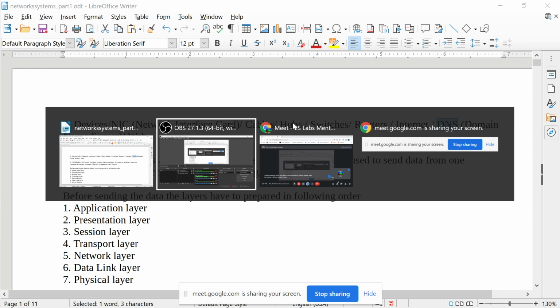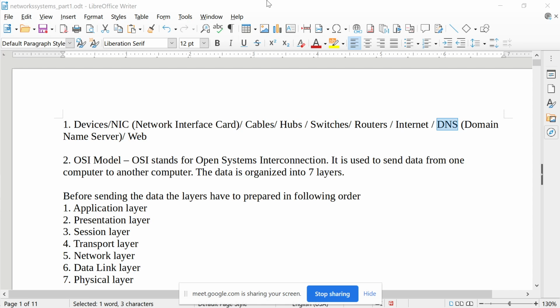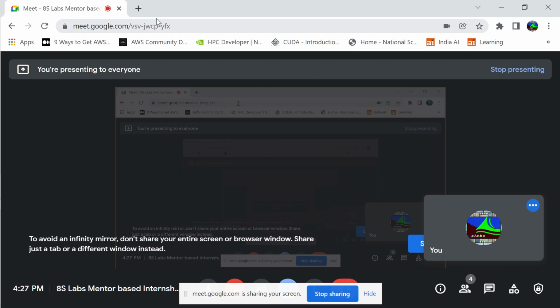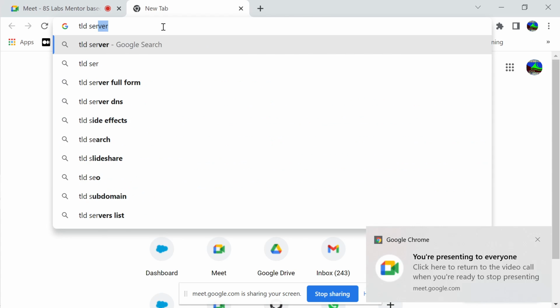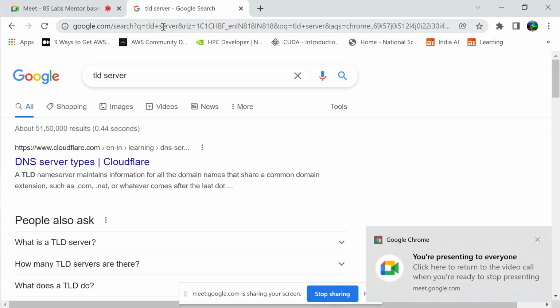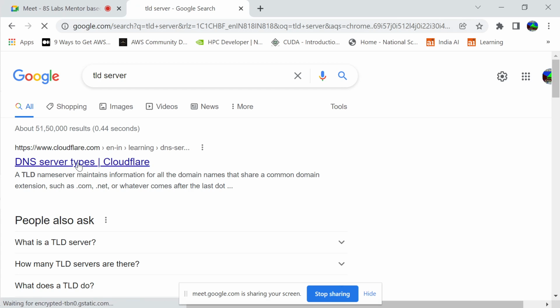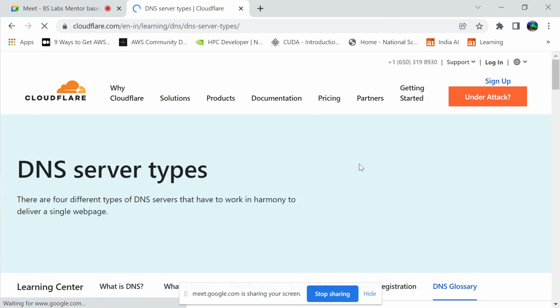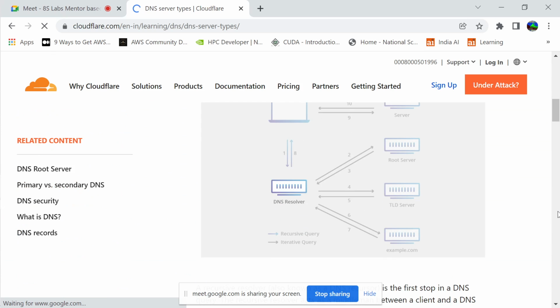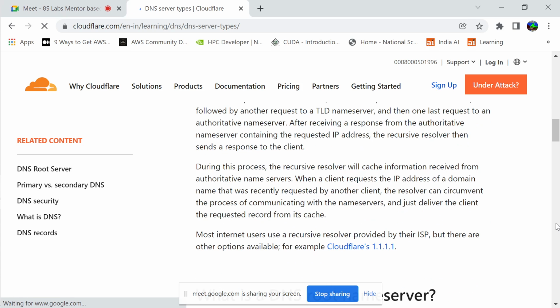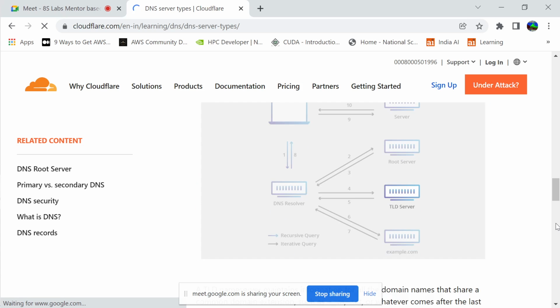So for example, if you look at top level domain servers, TLD. Google has free DNS servers where you can look into the database, where it has all the IP addresses, and it can resolve that name.